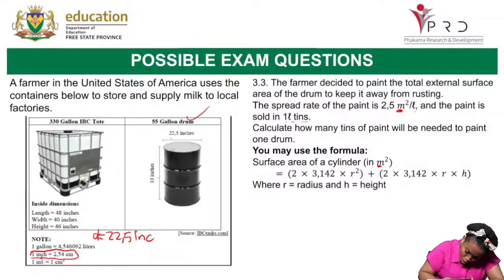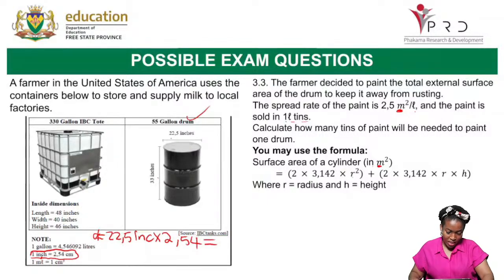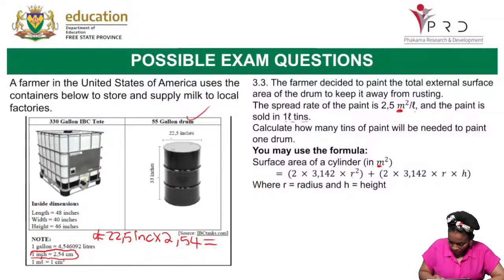So 22.5 inches, we multiply by how much? By 2.54. Remember, this is the diameter. So we say 22.5 multiplied by 2.54, and the answer would be 57.15.